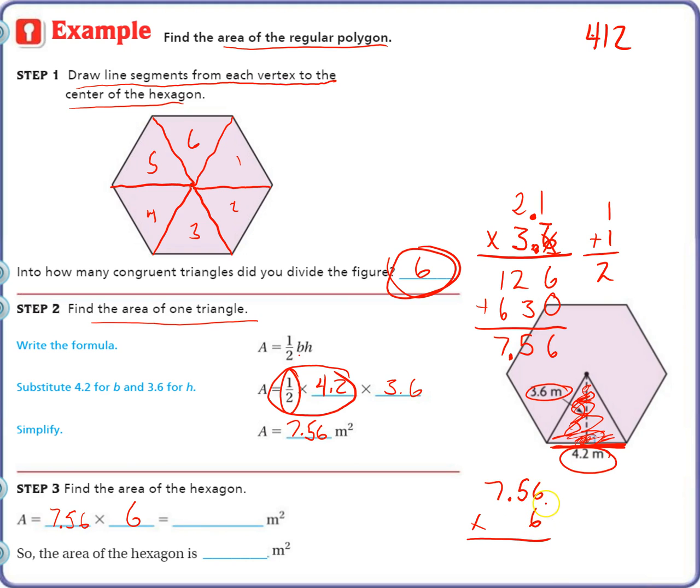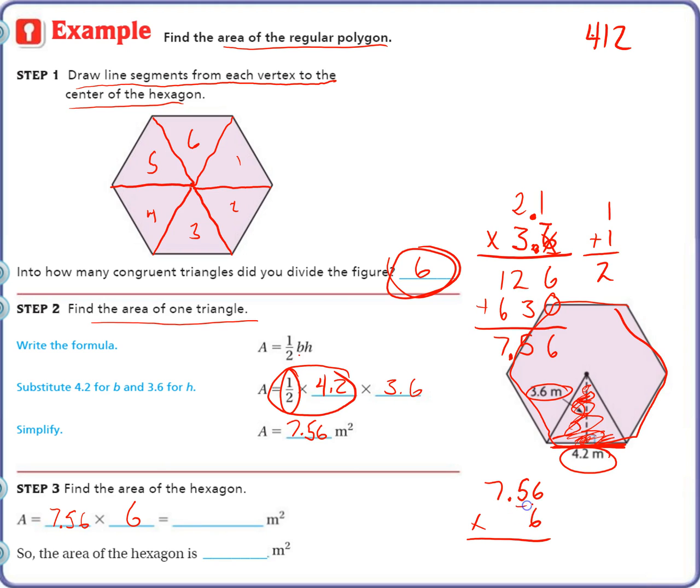There are 6 total triangles in this entire figure. So this will give me my answer. And I know my answer, excuse me, 6 times 7 is 42, and 8 times 6 is 48, so I know my answer is going to be between 42 and 48.